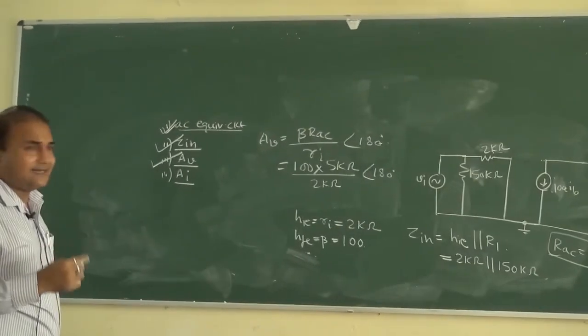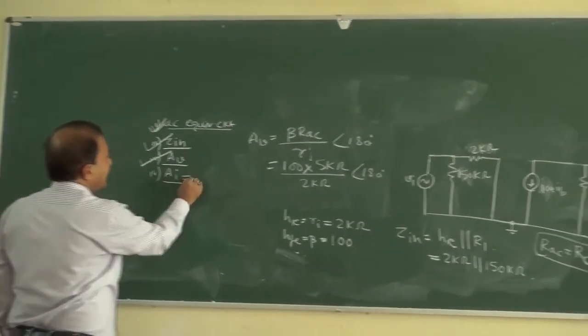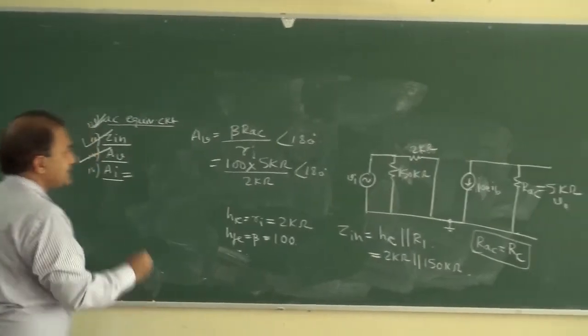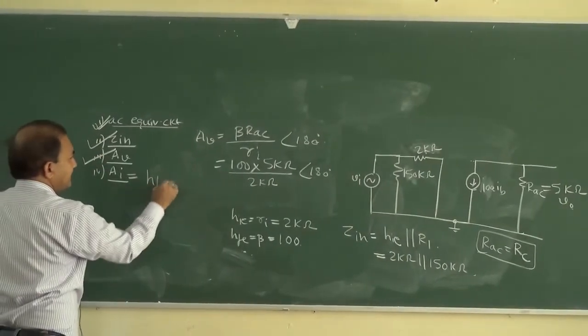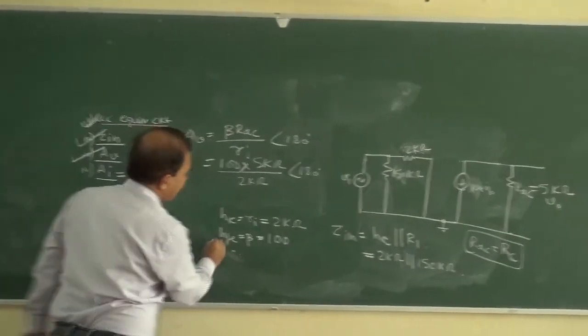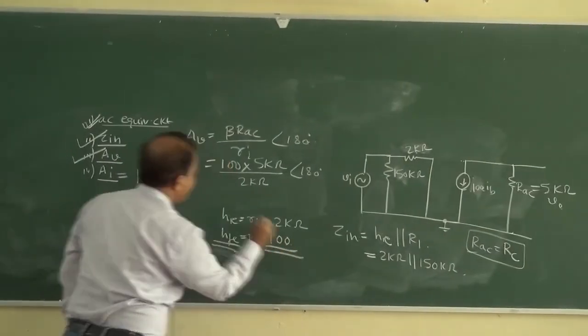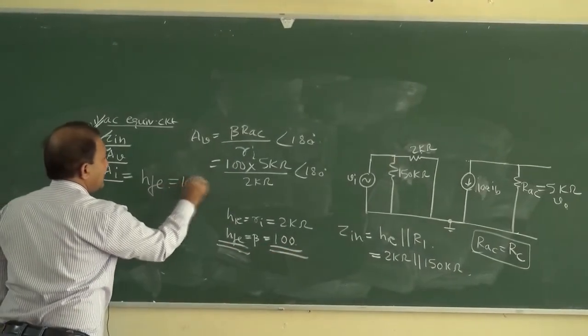And how can we determine current gain? AI is equal to HFE, and HFE is given as 100, so it is equal to 100.